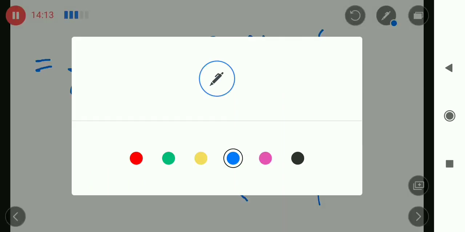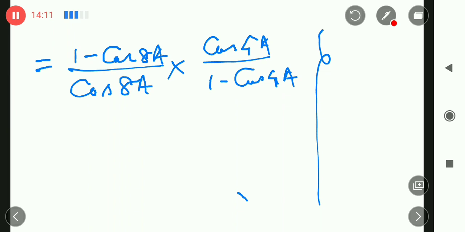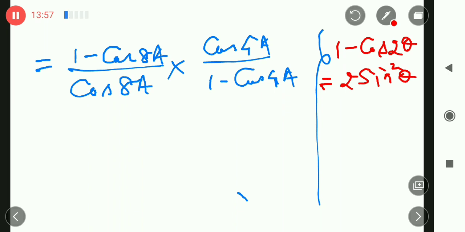So students, we have a formula that I have written here. We have studied a formula: 1 minus cos 2 theta equals 2 sin square theta. You have studied this in formula. So here is 4a, 1 minus cos 4a.